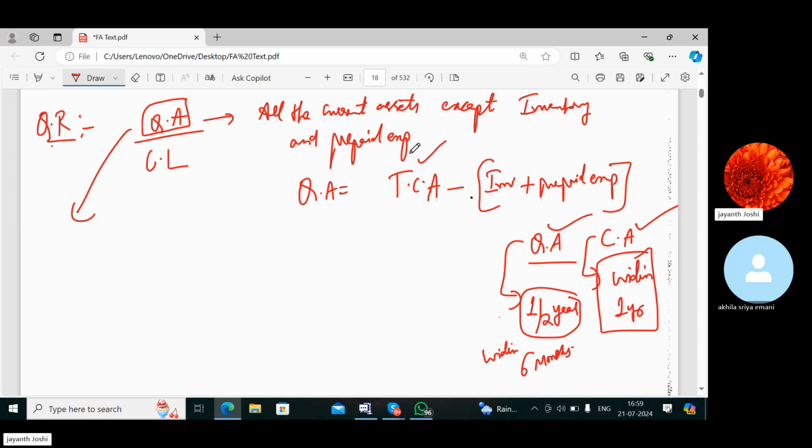You only realize the economic benefits when the assets get converted into cash, right? You get the benefits in your hands. So the point is, from the total of current assets, we will remove all those current assets which would take more than 6 months to get converted into cash, or which would give economic benefits taking more time than 6 months. So why are we targeting inventory?